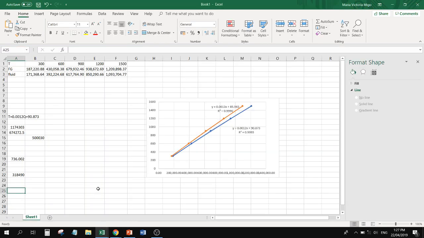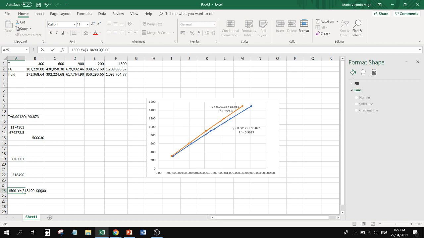So it's like y minus 1,500 equal to x minus 318,490, then multiplied by the slope of the hot flue gas line.